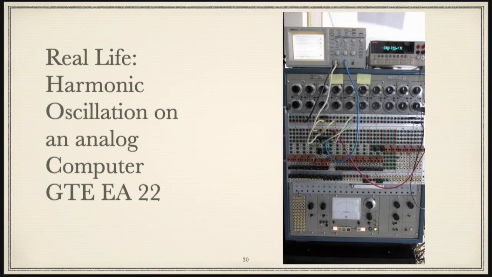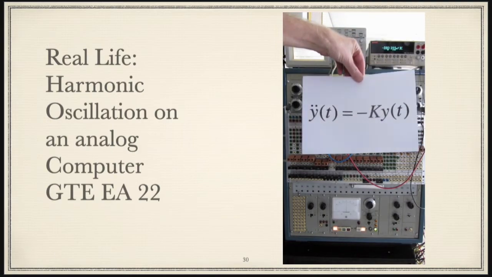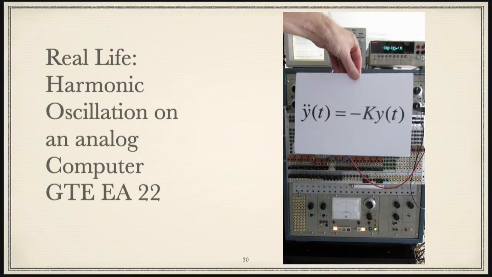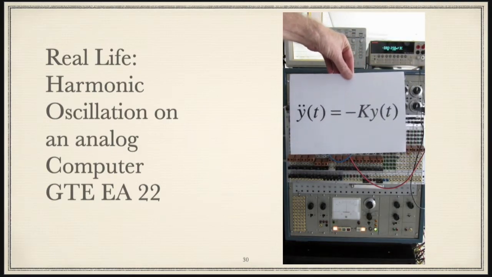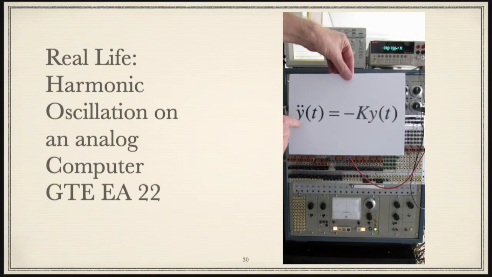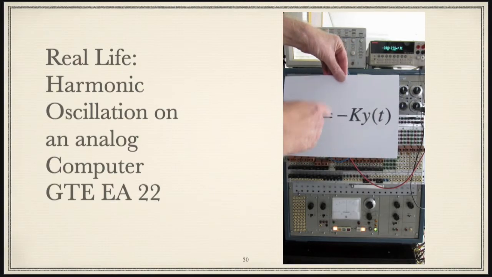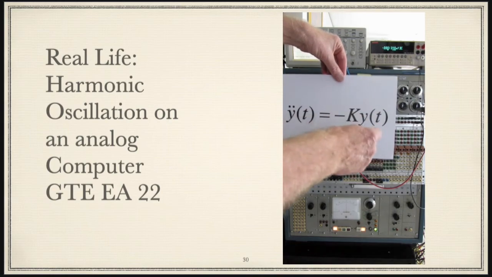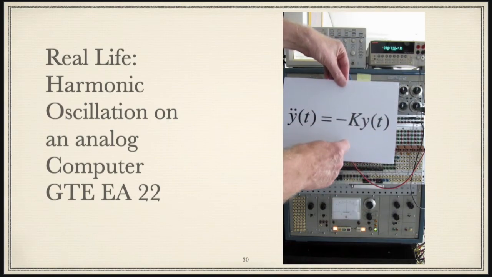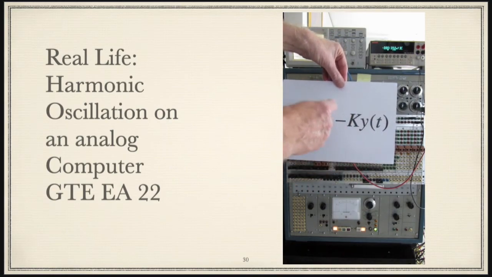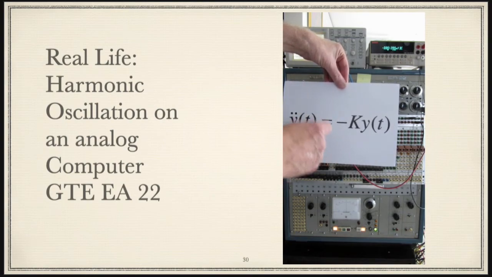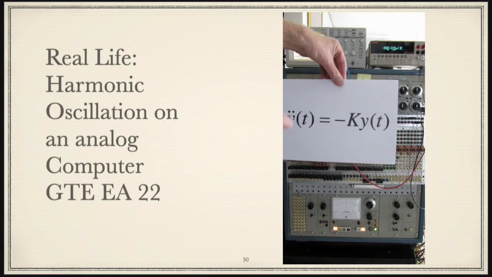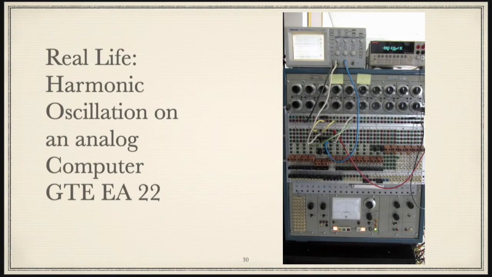What we need is an equation. It's this one, you can see it. The second derivative here is the same as the function itself multiplied with a constant k, but minus. This differential equation we solve now with this analog machine.